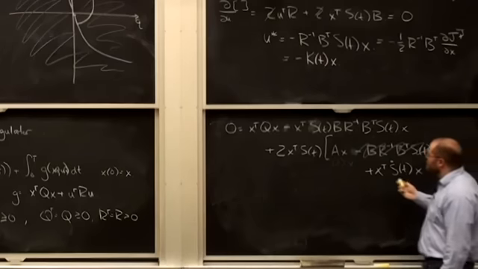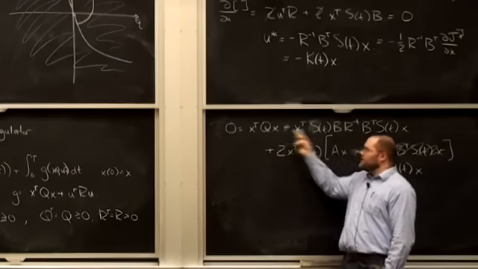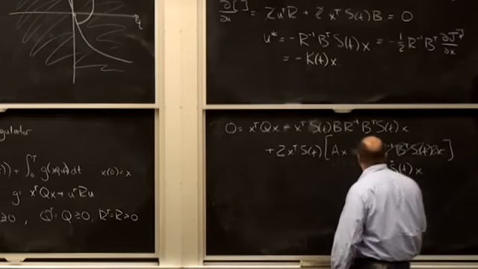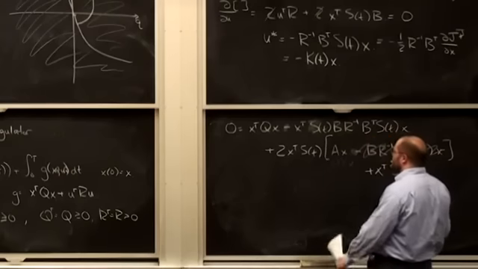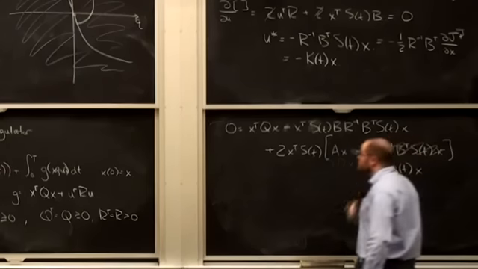And it turns out that everything has this x transpose matrix x form. So in order for this thing to be true for all x, it must be that the matrix inside had better be 0.